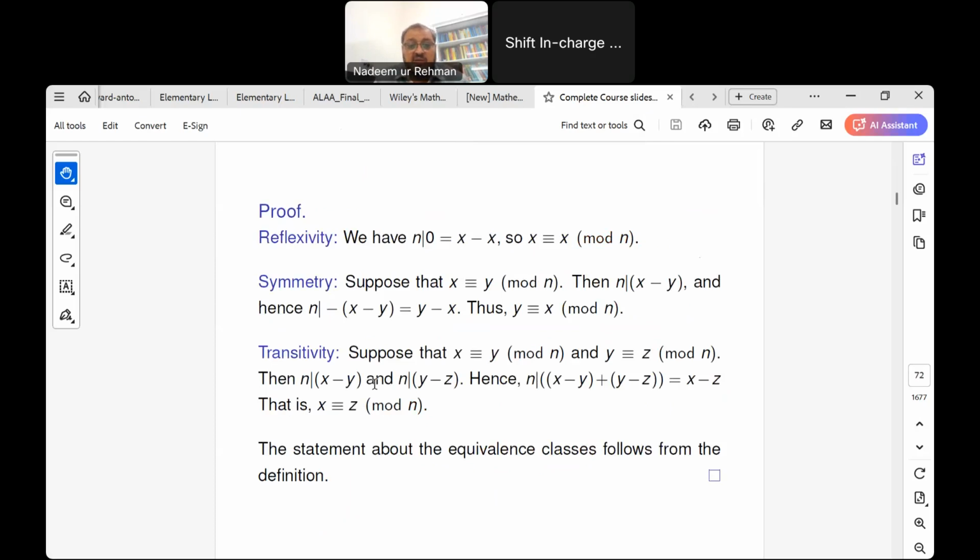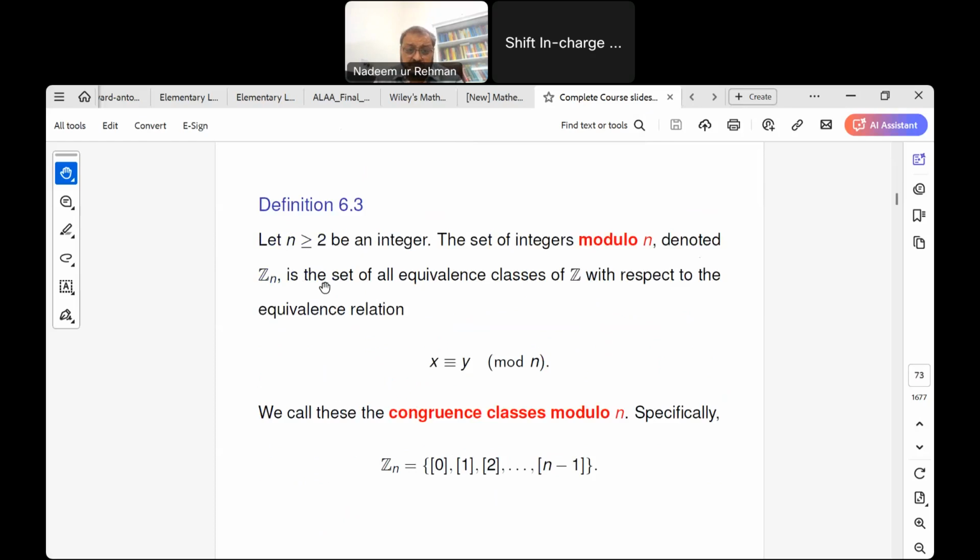And if it's an equivalence relation, we can find the equivalence classes of this. So if x is congruent to y mod n, then we have the congruence classes mod n, especially Zn, which is the equivalence class of 0, the equivalence class of 1, and so on up to the equivalence class of n minus 1.